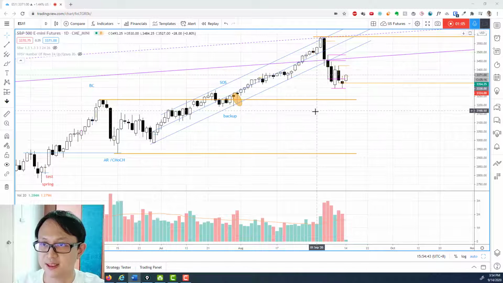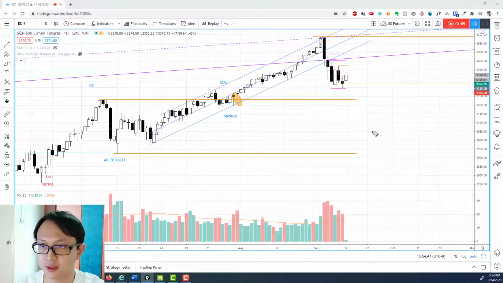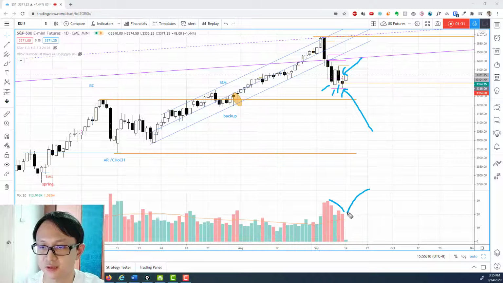So as we can see in this daily chart for the S&P 500, last Friday we had another bearish action day, but look at the spread here. The spread is relatively small compared to the past few trading days, and the volume has been decreasing slightly, as we can see in this volume bar here.